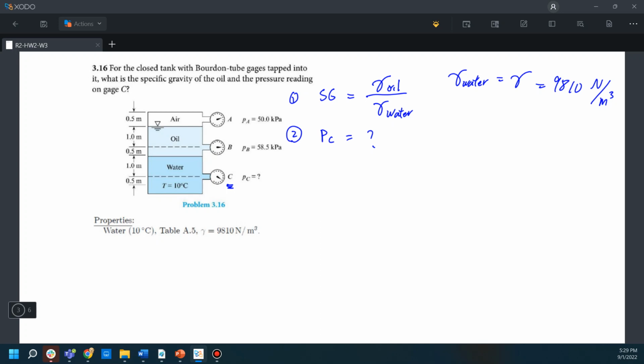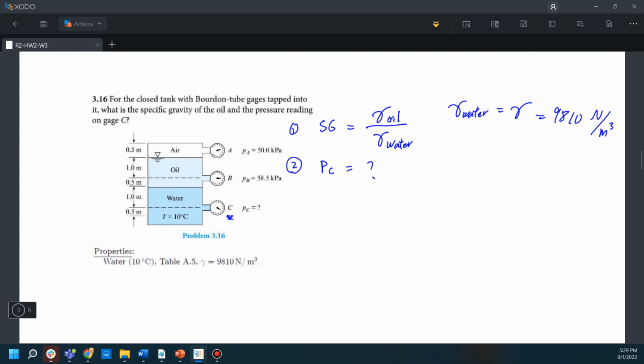Okay, so to solve this, we will use the concept of the hydrostatic equation. So what is the hydrostatic equation? Here it is. So basically, you find 2 points.